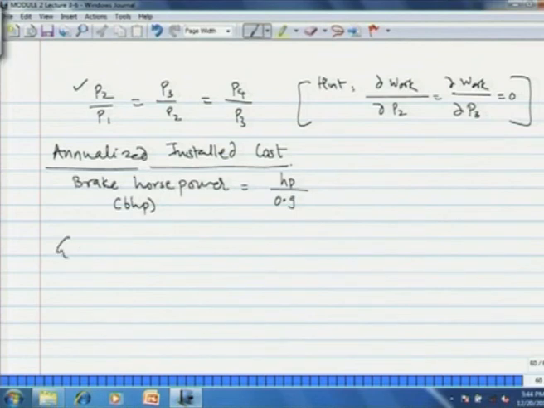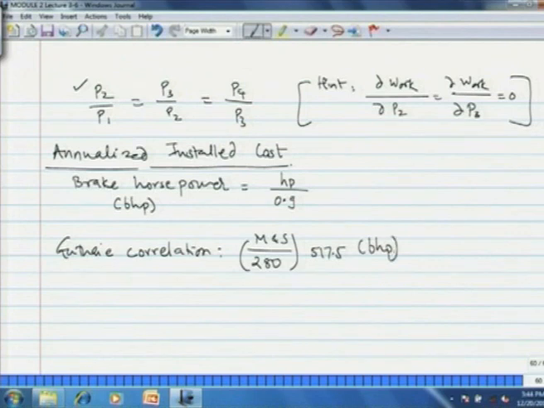Now, Gutierrez correlation for compressor is as follows. The inflation index, now I am using Marshall and Swift index MNS, divided by 280. Now, 280 was the MNS index in 1969 when Gutierrez correlations were proposed, into 517.5 into BHP raised to 0.82 into 2.11 plus FC, where FC is the correction factor for the design.